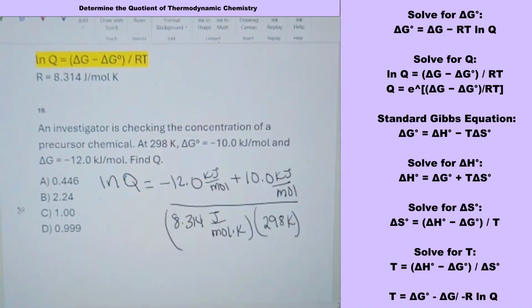Now remember, you got negative 12 plus 10, so that's going to equal negative 2.0. Negative 2.0 times 1,000 gives you negative 2,000. Because remember, you get this answer first and then multiply it times 1,000.